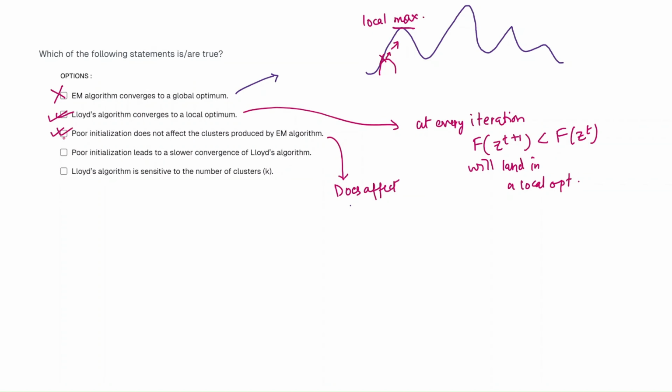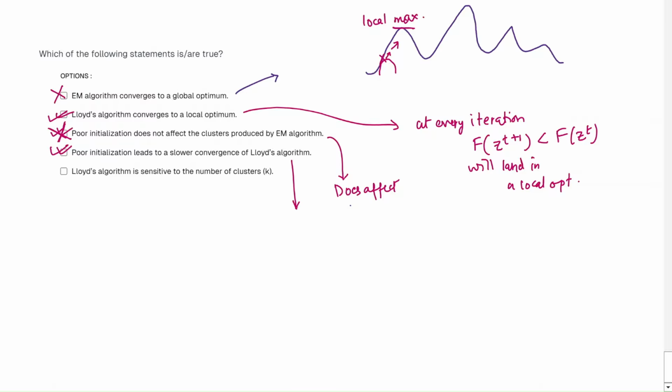The fourth option also says that poor initialization leads to slower convergence of Lloyd's algorithm. This is correct actually. Oh, the third option is actually wrong, because it does affect the clusters. Poor initialization leads to a slower convergence.